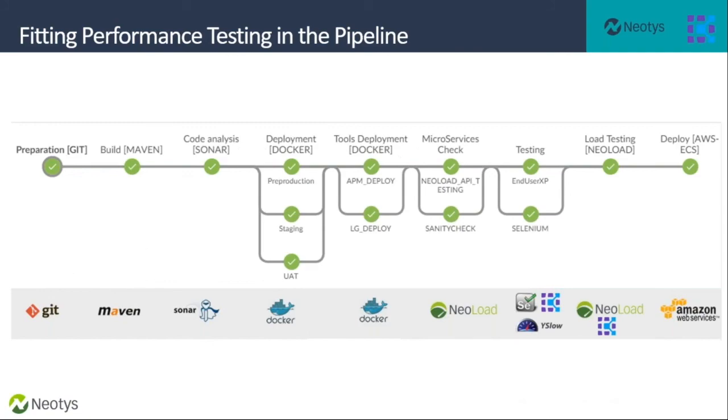So here, the idea is to bring your testing solutions into your pipeline. This is an example of a pipeline where you have the code in Git, you build the app, you do some code analysis, then you deploy your application, potentially on containers if you need them just for testing purposes.